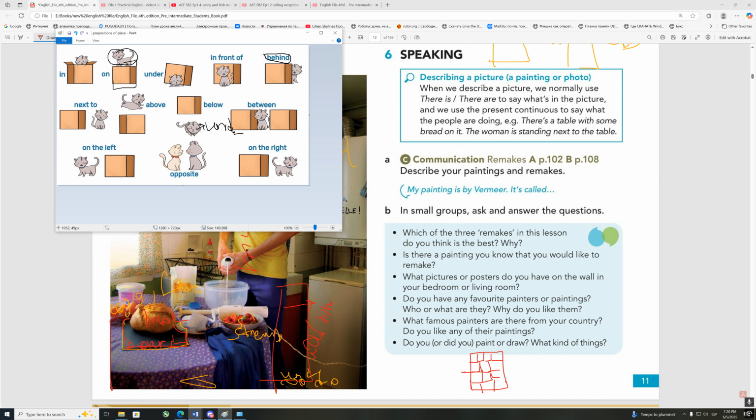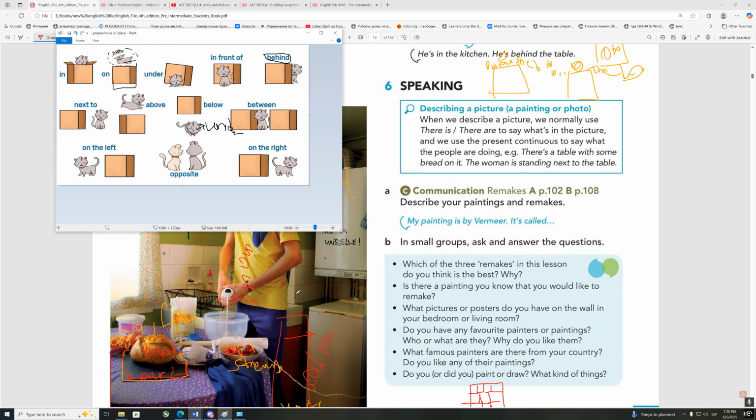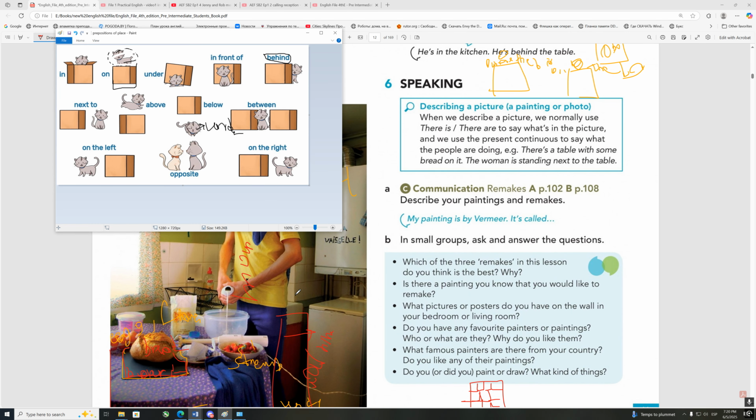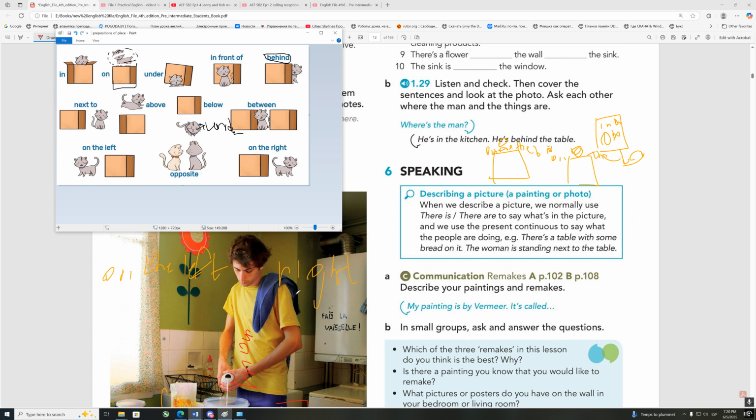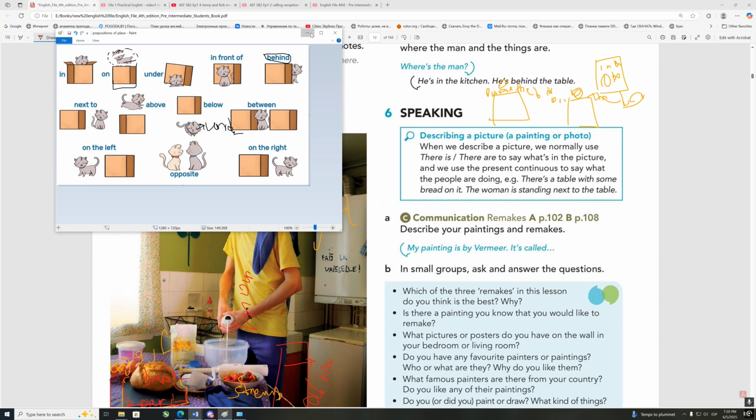It's this preposition actually. Okay. The washing machine is behind. Yeah, it's behind. The washing machine is behind the man.